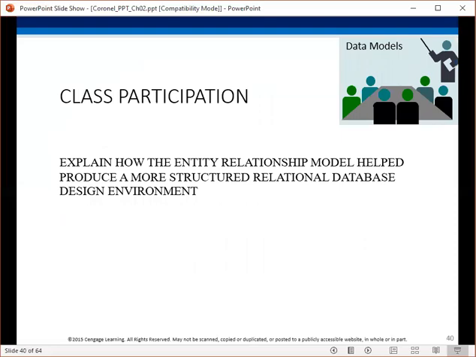So let's think about how the entity relationship model helped produce a more structured relational database design environment. I'll take this one. The entity relationship model, or ERM, helps identify the database's main entities and their relationships.